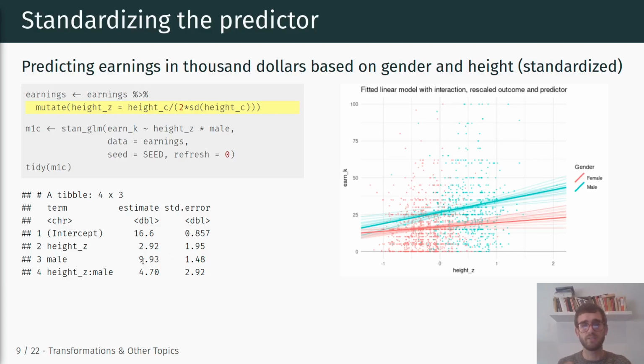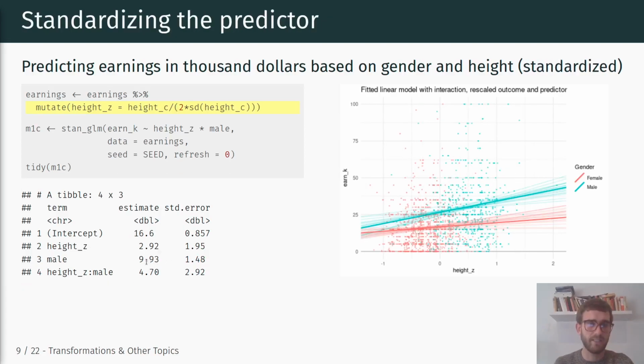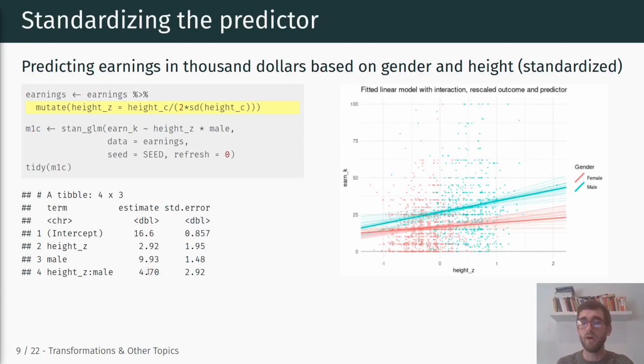So based on this comparison, we could say that the gender difference is more impactful than this difference by height. Obviously the coefficient here for height is the same for both models, because we didn't change the average itself, we just rescaled our predictor.